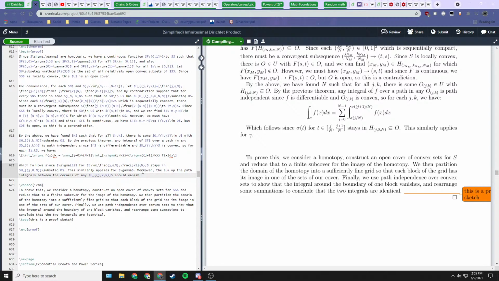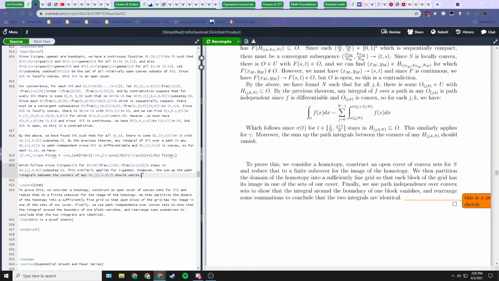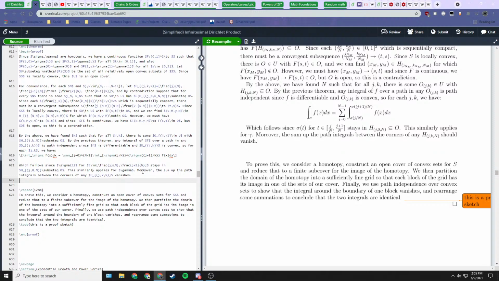So the way we're going to express that is, we'll say, let's see, we have the integral from some point to some other point, f of x dx, and then we'll add up all the other ones.